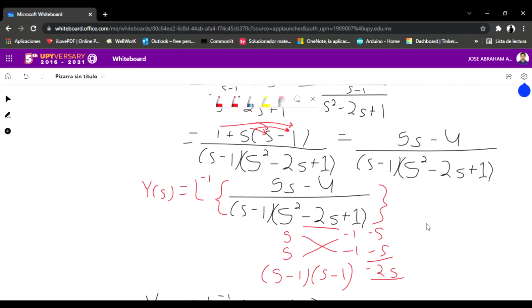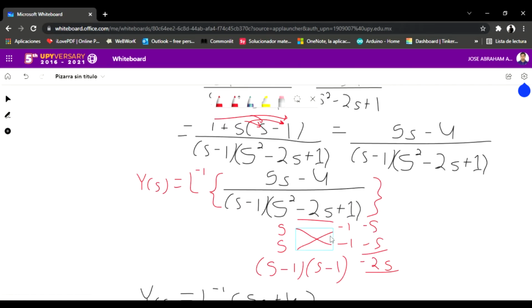Remember that for that we have to find two terms that multiply to get us the s squared, that are s times s, and the same for the 1, we have minus 1 and minus 1, that multiply to 1. Then, multiplying in a cross way, this operation will get us minus 2s, that is the term that we have here.